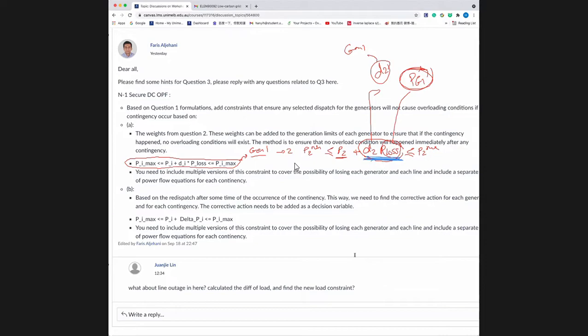So you add this constraint, and then you add also another constraint for generator 3. Right? You say P3 min is less than P3 plus D3 P loss, less than P3 max. Yes, and then you also add one for 4, for 5, for 6. So this one, you mean that we need to have a solver and then add this in the inequality constraint?